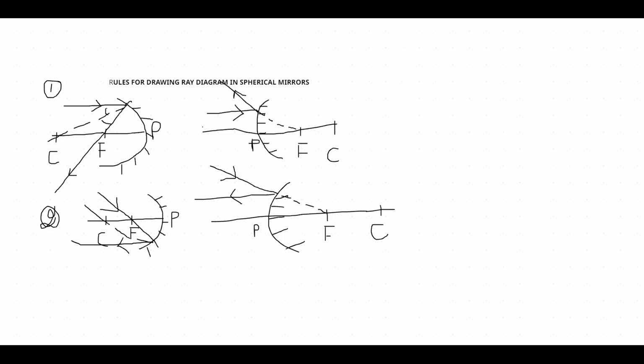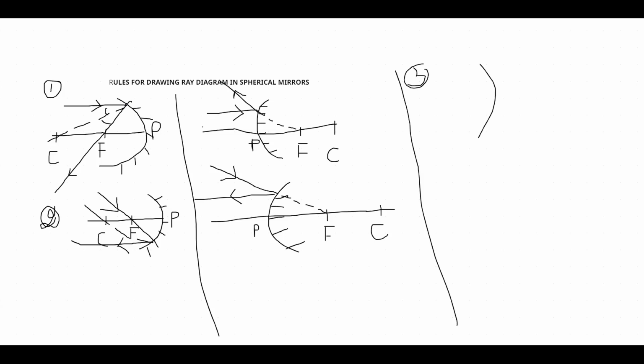Now, rule 3. These are basically 4 rules. Okay. Now, rule 3 says what happens if a ray of light passes through the center of curvature in a concave mirror or in a convex mirror, like this. This is your pole.